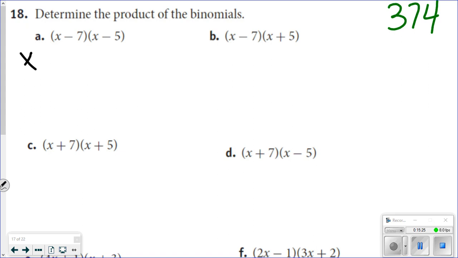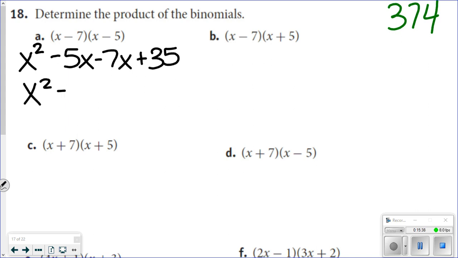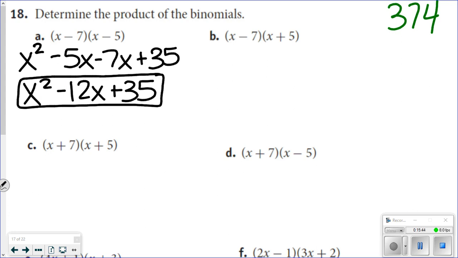I am going to use the FOIL or the distributive property. It's totally fine if you want to use box and stick with that. This is just a little bit quicker for me so I don't have to draw boxes.